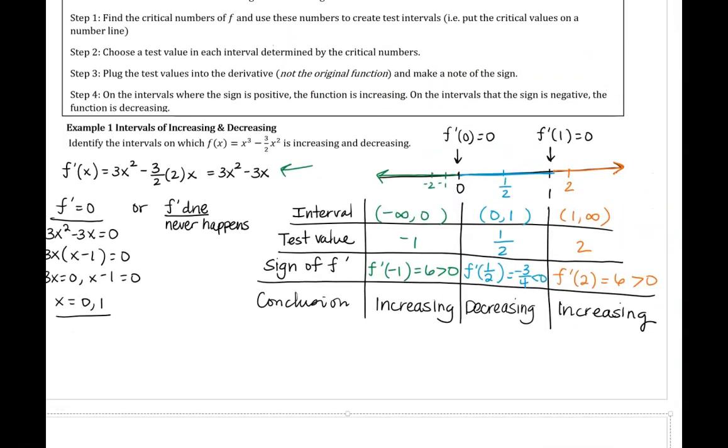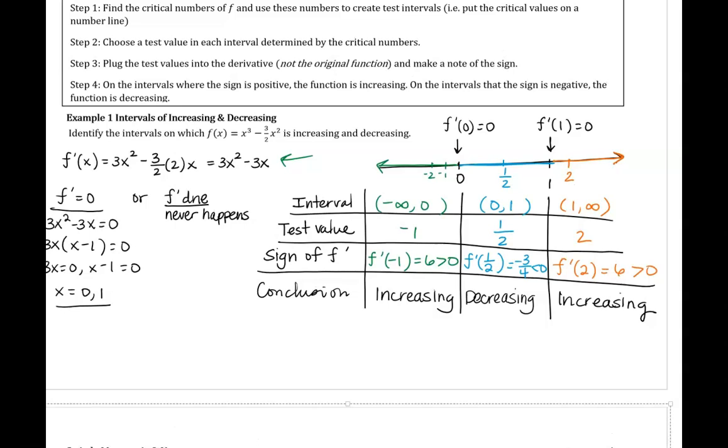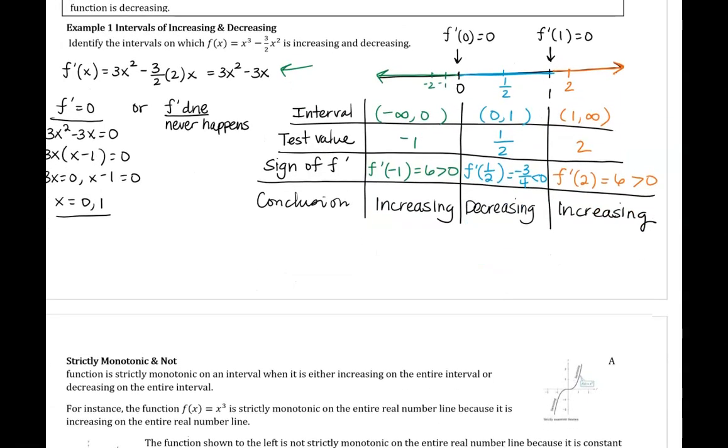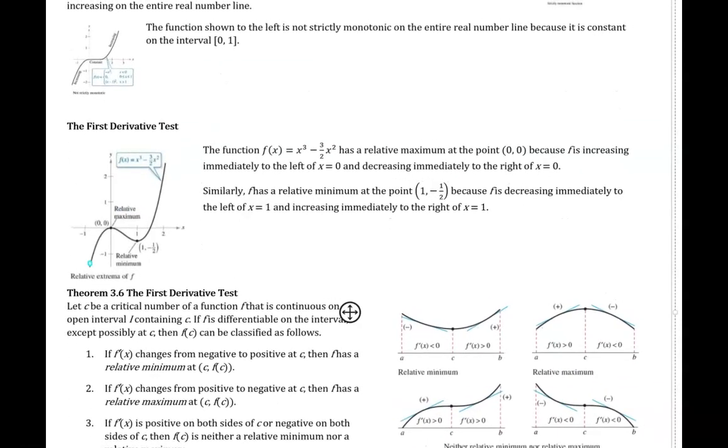To illustrate the first derivative test, let's go back and look at example 1. In example 1, with this cubic function, we found that it changed from increasing to decreasing to increasing. Let's look at a graph of that. The graph is going from increasing to decreasing to increasing.